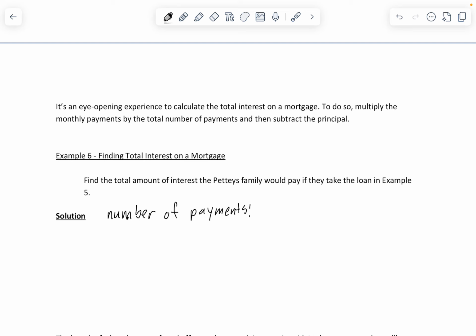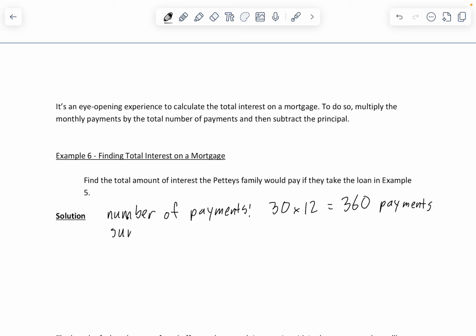Okay, we would have 30 years and 12 payments a year, so that's a total of 360 payments. And in the previous example, we calculated that each payment was $708.95.